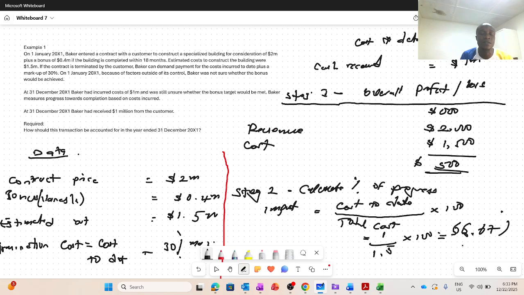So stage 4, statement of financial position.